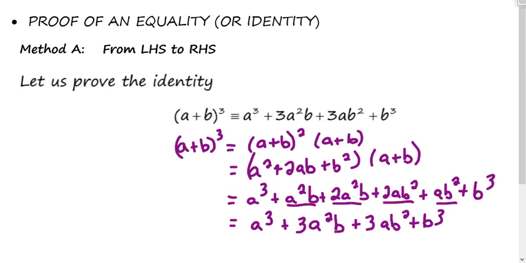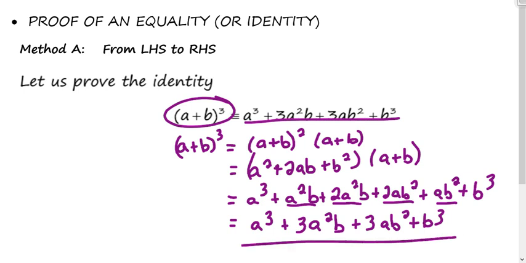So what I just did is I showed that my left-hand side is equivalent to my right-hand side. So this was the identity, hence the 3 markers. No matter what values I substitute in for A and B, the right-hand side is always the left-hand side. And again, you have to end up with that right-hand side at the bottom of the proof.